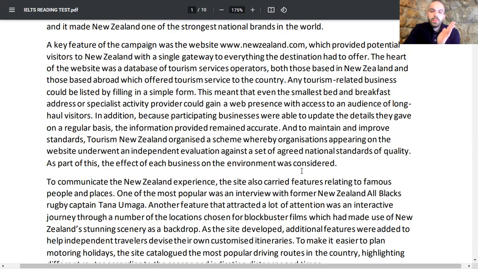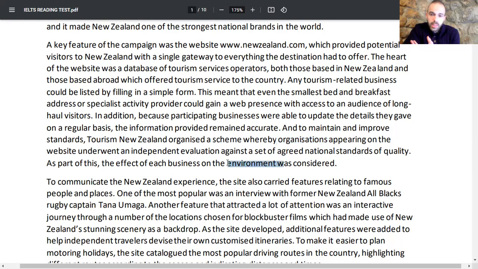After reading this sentence, this paragraph is all about the website. As we can see from the first sentence, all the organizations or businesses, organizations being written instead of businesses, so it's a synonym of businesses. It says all the organizations on the site were evaluated, including their impact on the environment.